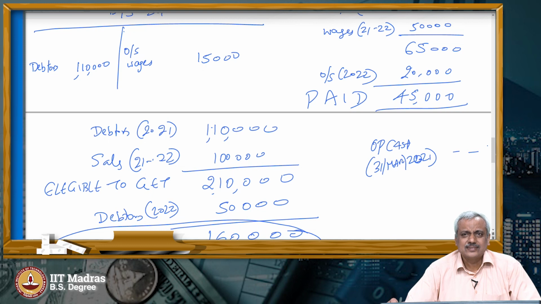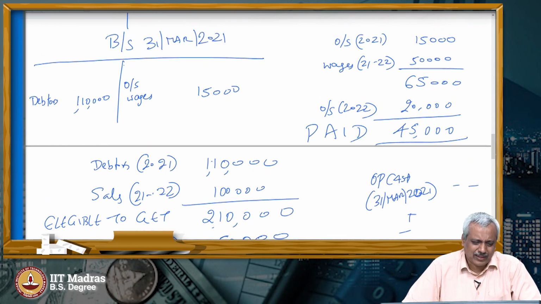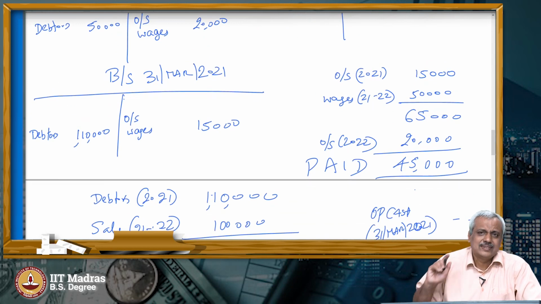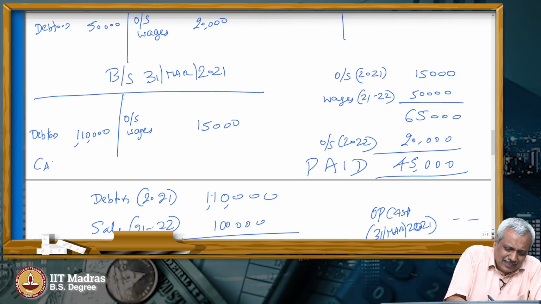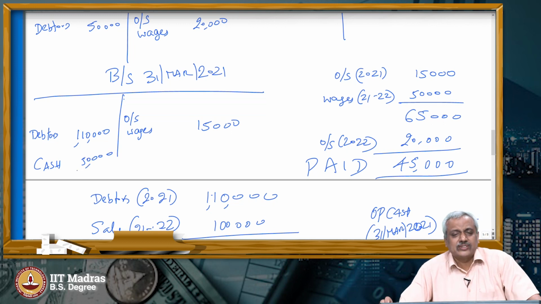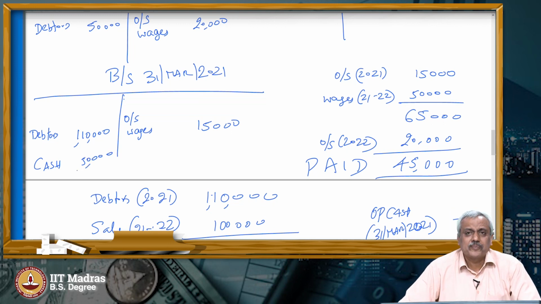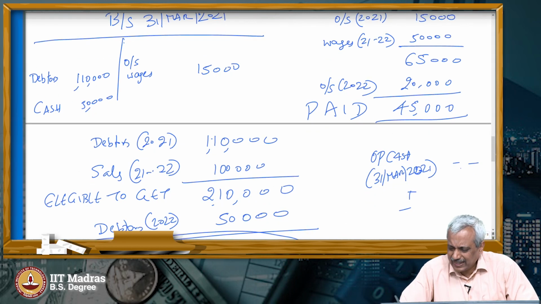I add this, I reduce this. Imagine there is a cash of only about 50,000 as of 31st of March 2021.